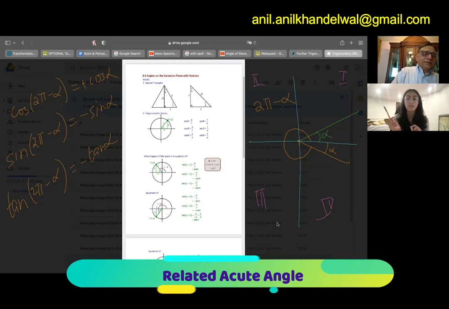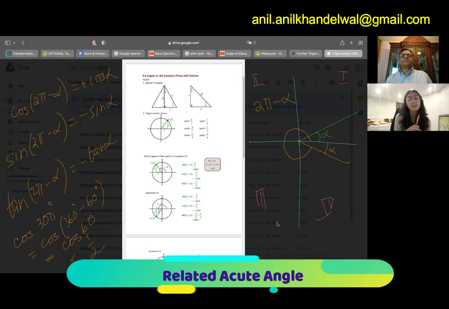So if I say what is cos of 300 degrees, right? You say cos of 300 degrees is cos of 360 minus 60 degrees, correct? Which is the same as cos of 60 degrees. And cos of 60 degrees is half, using the special triangle. Do you get the idea?